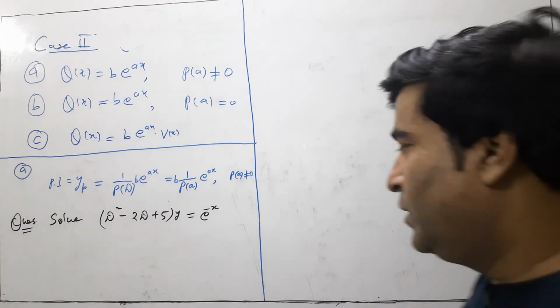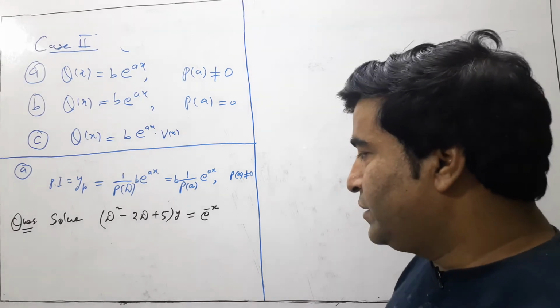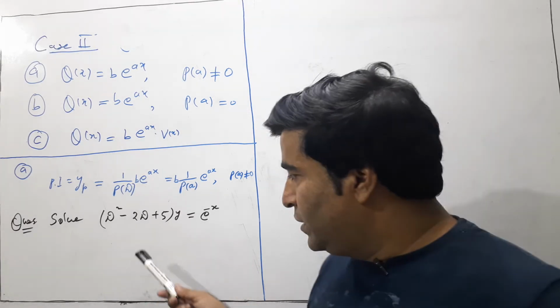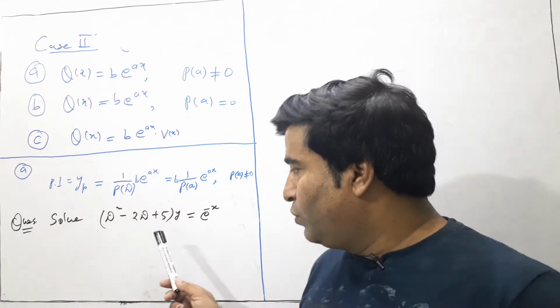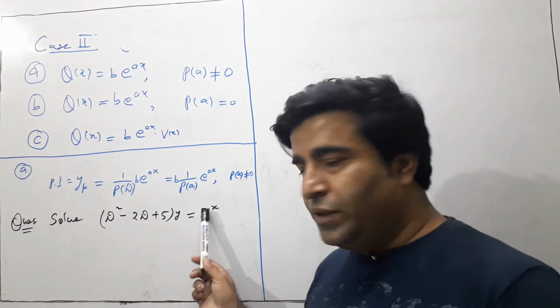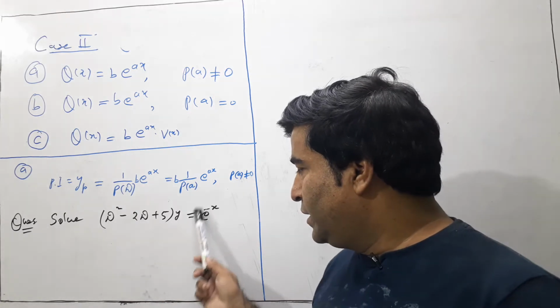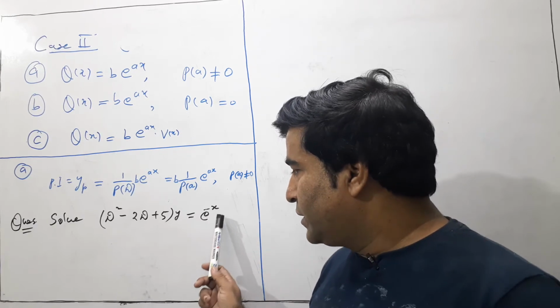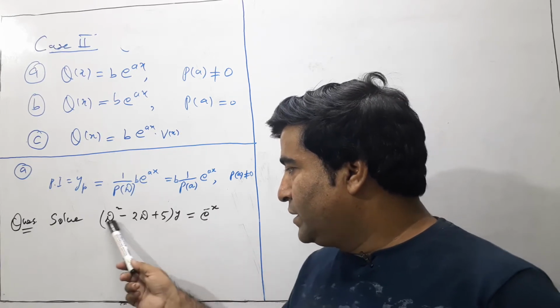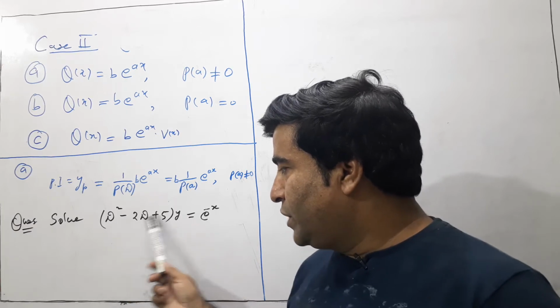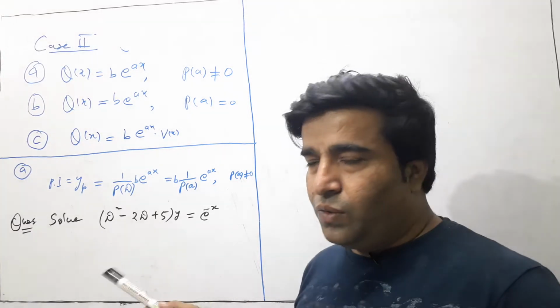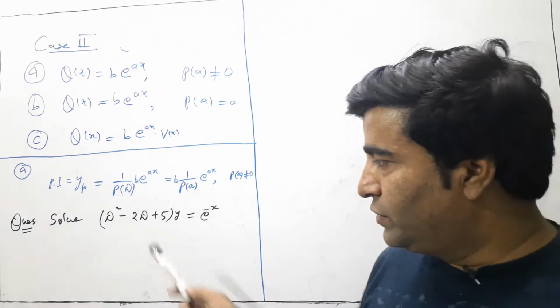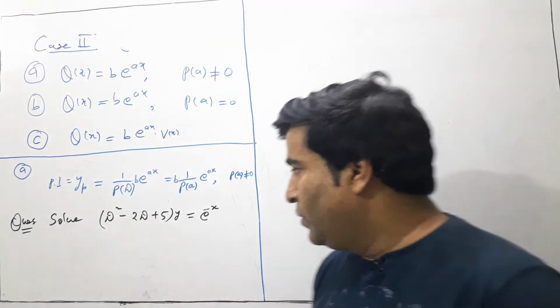So we solve this differential equation. It is clear that this is non-homogeneous because the right hand side is non-zero, and here we have an exponential function, Q(x) is e to the power minus x, and this is linear with constant coefficients. So it is a non-homogeneous linear differential equation of order 2.